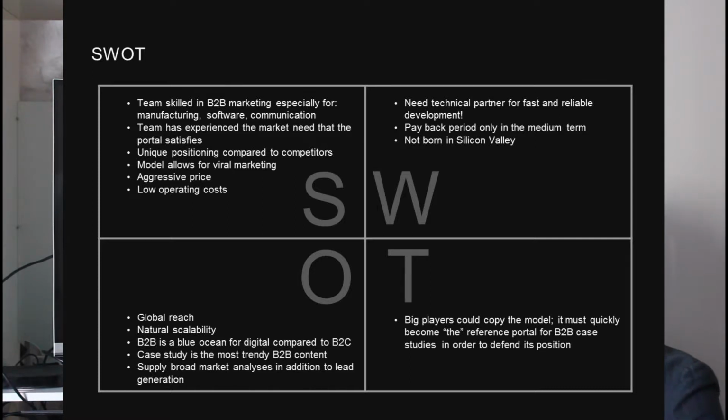In addition, the portal has a unique positioning compared to the competition, as we saw. And also, using the case study as a model allows for viral marketing. Finally, we can have a very aggressive price that, however, allows great margins. We'll see that in the financial projections.